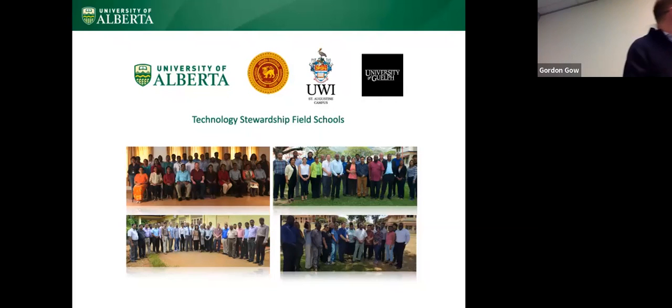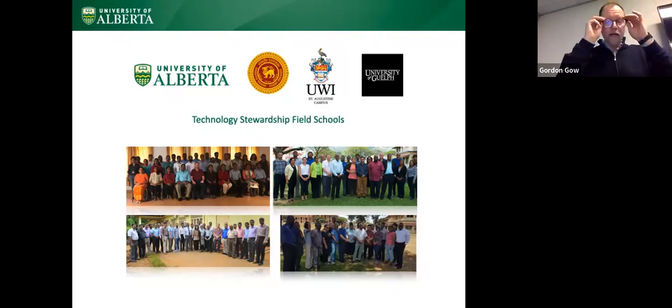These are different cohorts. So this is Sri Lanka 2016, Sri Lanka 2018, Trinidad 2018, Trinidad 2019. Interesting mix of people. And really, I just have to say, it's a lot of fun working with them. The workshops are a lot of work for everybody, but it's a 2-day intensive, and we have a lot of fun.